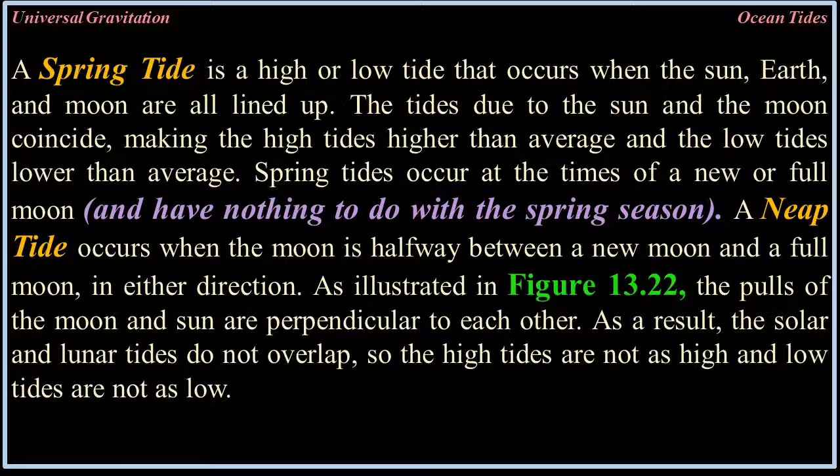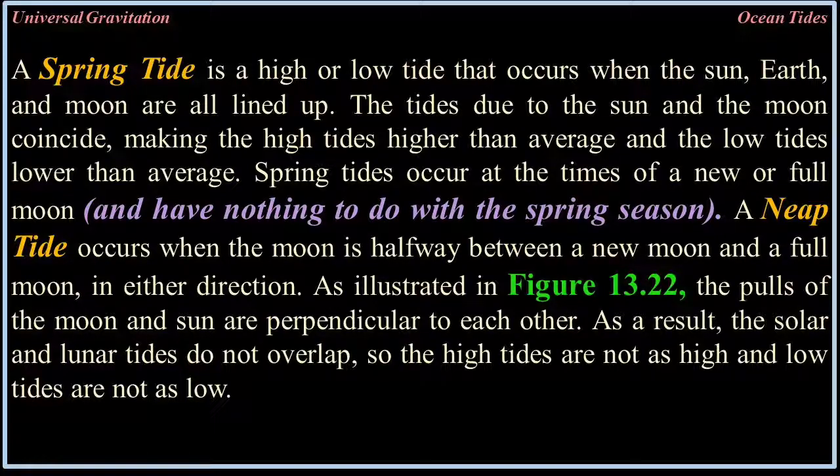A spring tide is a high or low tide that occurs when the sun, Earth, and moon are all lined up. The tides due to the sun and the moon coincide, making the high tides higher than average and the low tides lower than average.